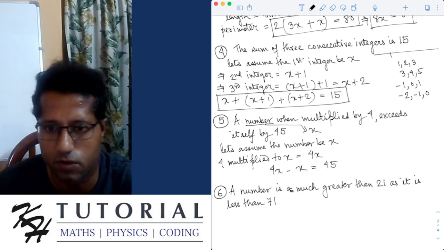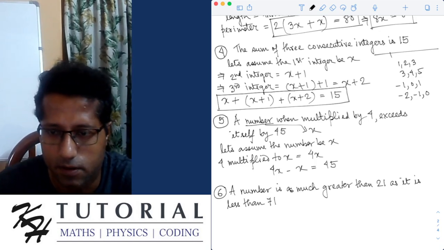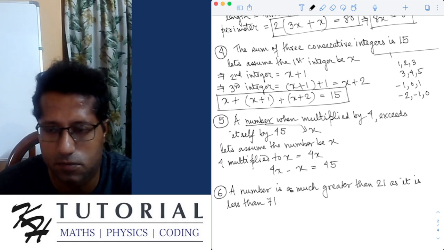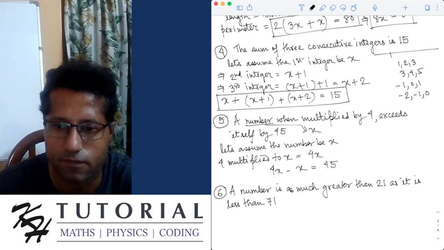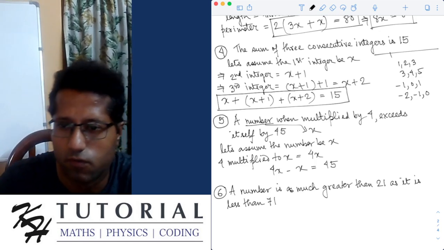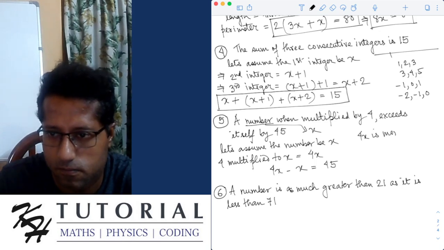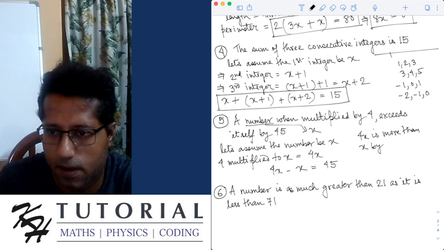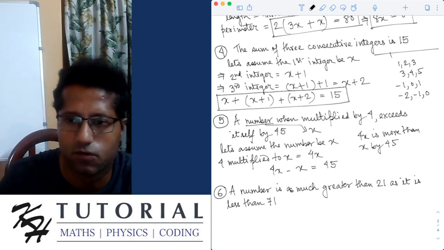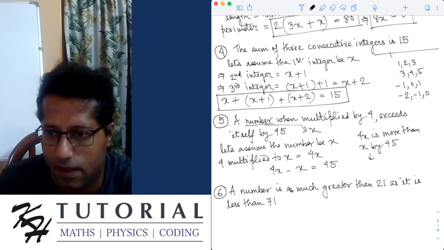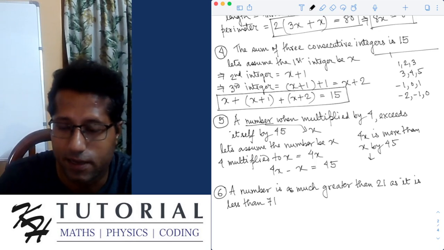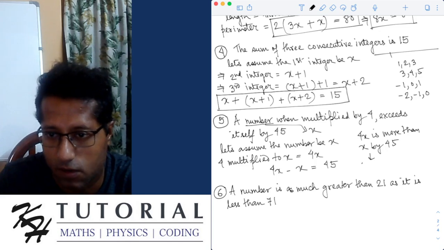That is, 4x is more than x by 45, which I can also write as 4x equals x plus 45.